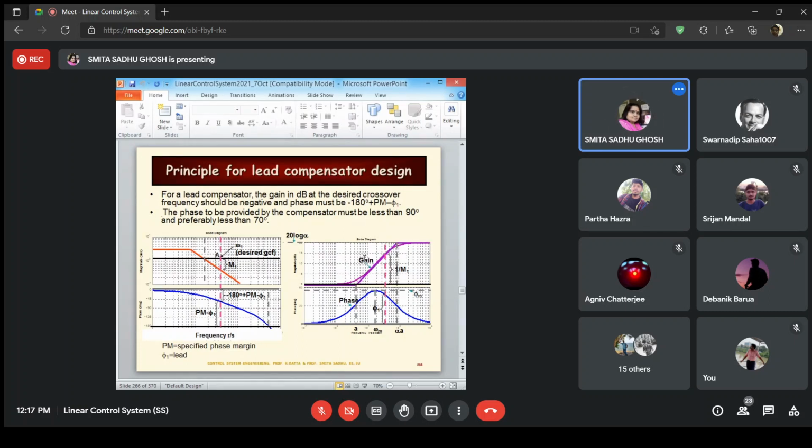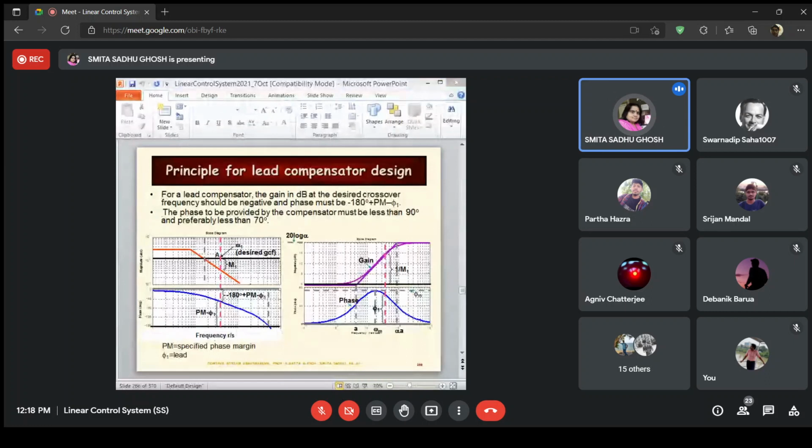So if I have to place my lead compensator such that the desired gain crossover frequency is at a particular point, I know that from my compensator I will get a positive value or 0 dB, right? So I cannot place my desired gain crossover frequency in this range. I hope you can see the cursor moving, right? This range, isn't it?